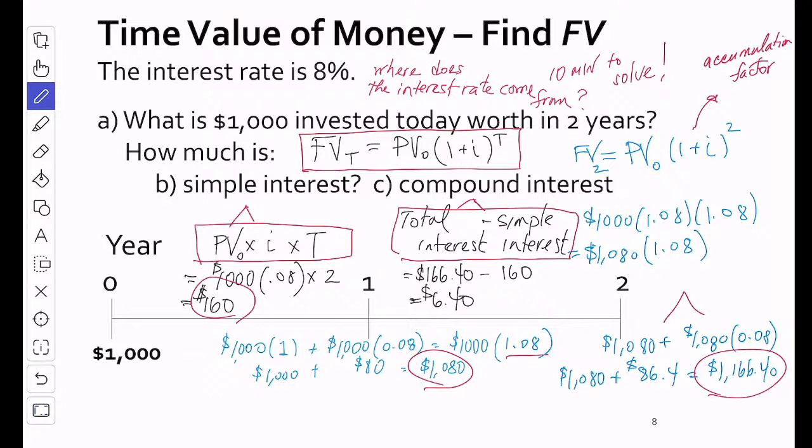Can anyone tell me another way to find the compound interest rather than taking total minus simple to find it?